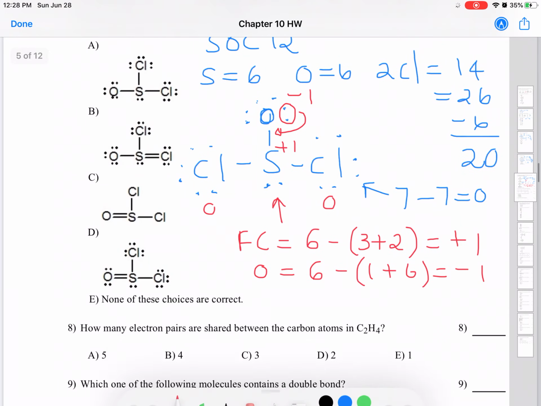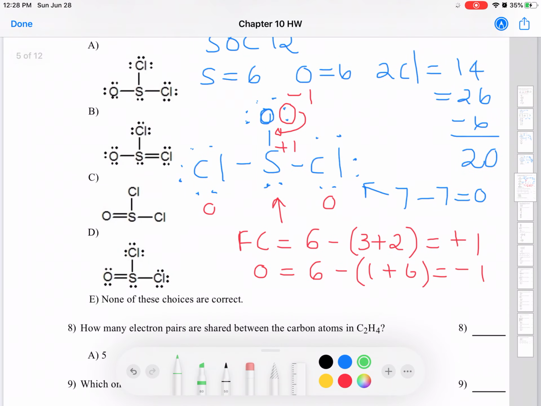Where can I draw it? Okay, let me find a place. So when you draw the structure, it would look like this. You have chlorine, sulfur, double bond oxygen, chlorine, and then the chlorine will end up having its valence electrons. And then the sulfur will still keep its lone pair on it, and oxygen gave its 2 electrons.